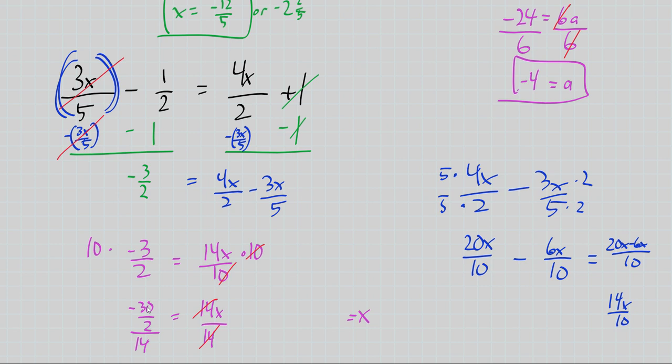If I divide that by 14, well, that's 15 fourteenths. Negative, of course. You could say that's negative 1 and 1 14th. You could say negative 1 and 1 14th is x. That's the same as negative 15 over 14. But here we have it.